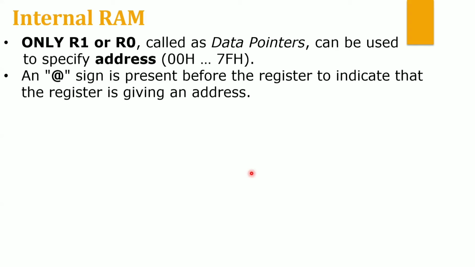Similarly, we are using the @ symbol to differentiate these two addressing modes. Now we'll take one example. In order to access the data, we will use only R0 or R1. So I am using R0 here, and before that I am using the @ symbol.